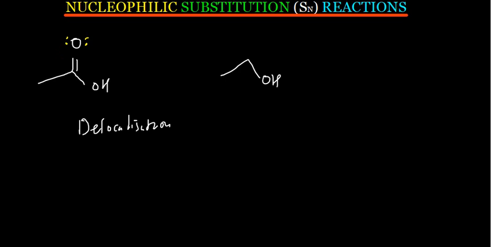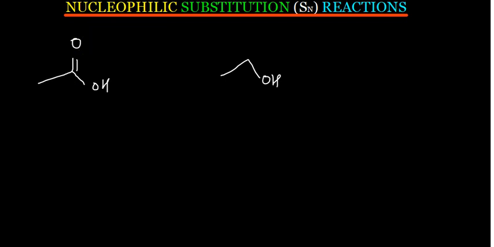Apart from delocalization, which we are seeing from the resonance structures, we also have the inductive effect. Now what do we mean by inductive effect? The inductive effect has to do with electronegativity. In these compounds we have got oxygens which are more electronegative. Here we have got a carbon bonded to an oxygen, and you know that oxygen is more electronegative.